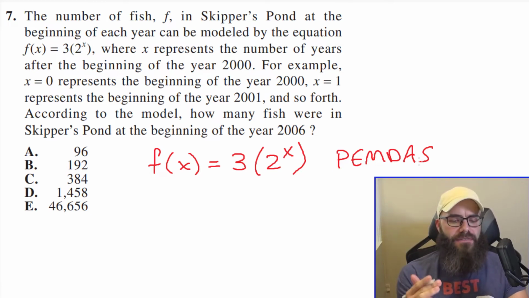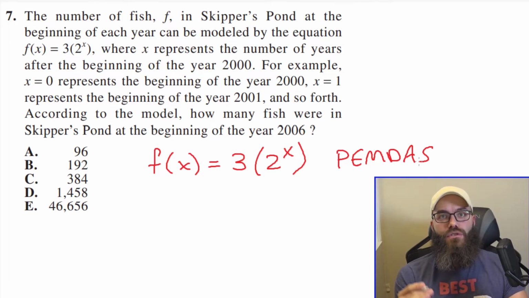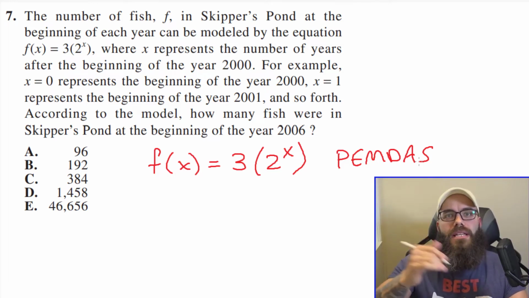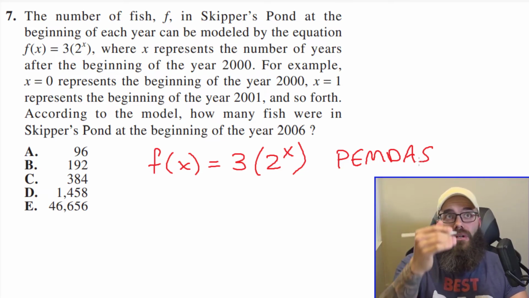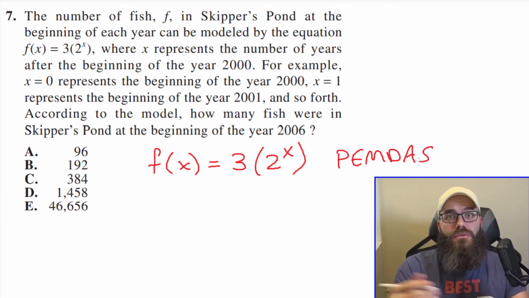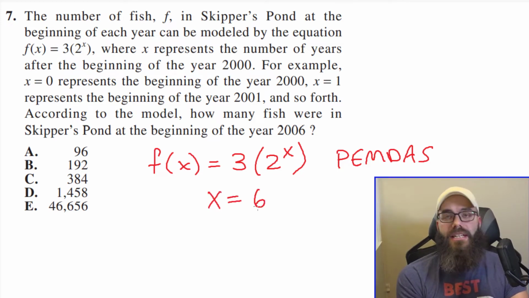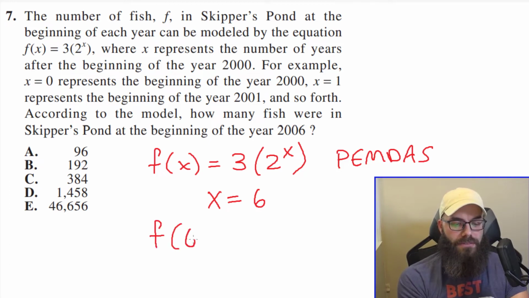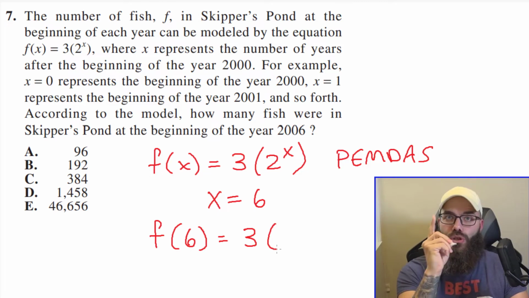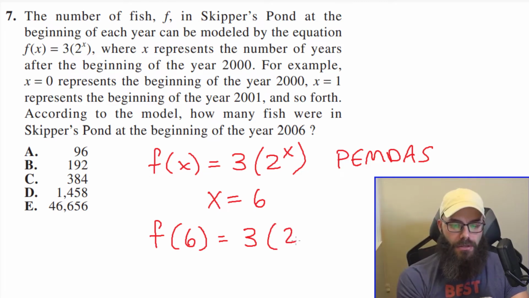We're asked to find how many fish were in Skipper's Pond at the beginning of 2006. So how many years have passed? Well, if x is 0 at the year 2000, that means we need to plug in 6 for this problem. We're going to find the function at 6. So we're going to say 3 times 2 to the 6th power.